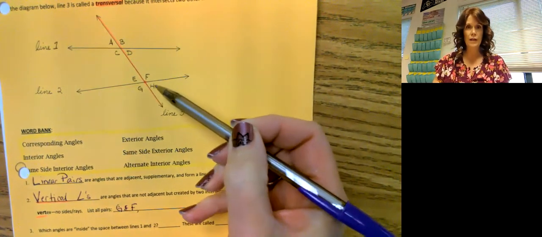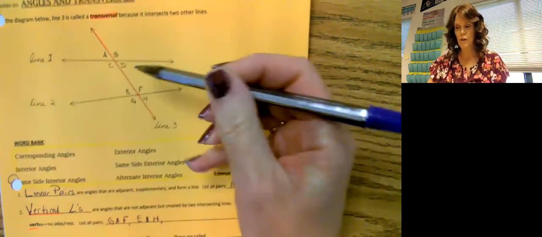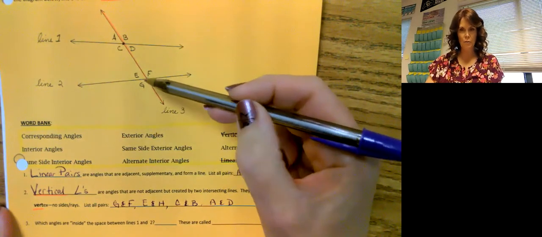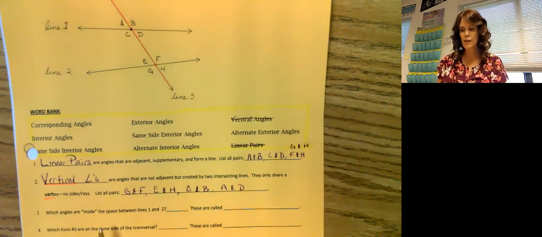So G and F are vertical, and so E and H are also vertical, only sharing the same vertex, C and B. And A and D. Okay, so let's take a minute, make sure you understand that they only share a vertex, but they're created by two intersecting lines.